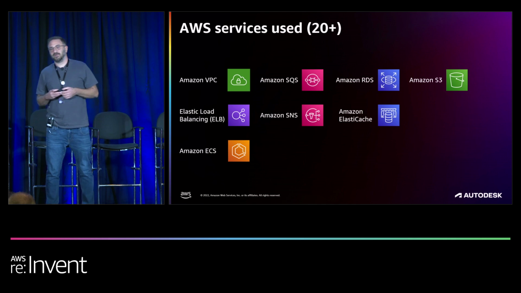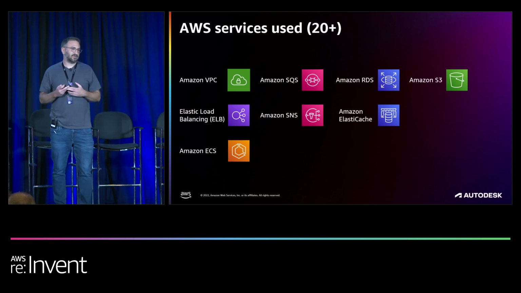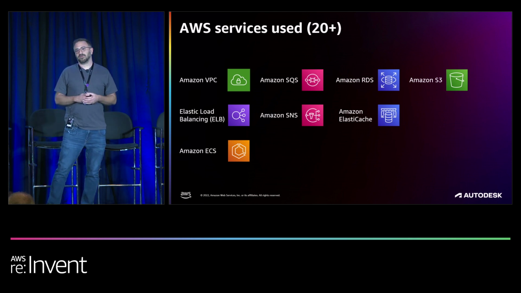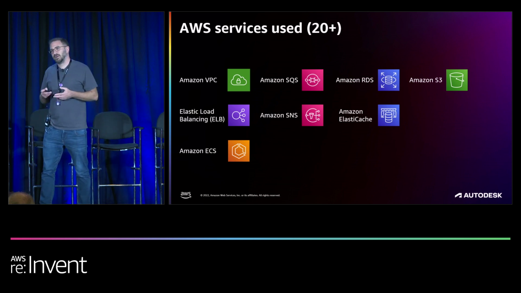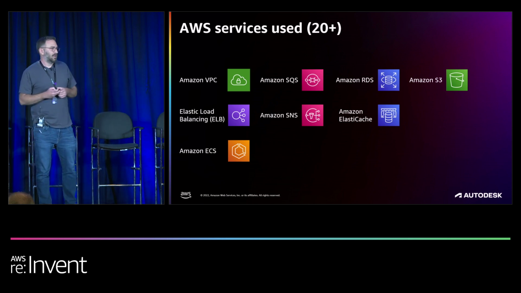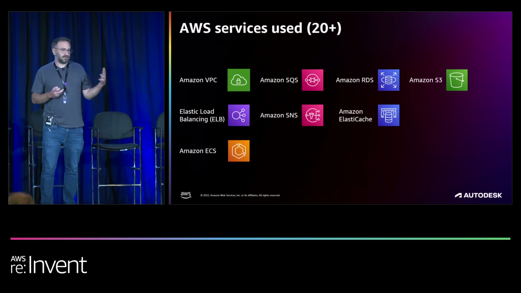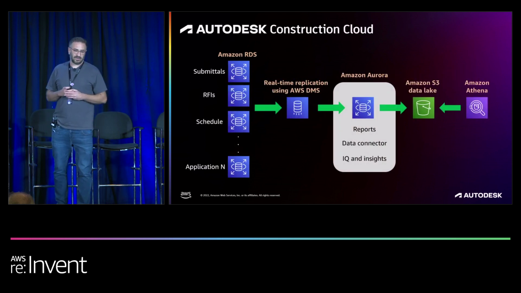It is a set of more than 20 applications based on AWS services. We use ECS for our compute, SQS and SNS for queuing and messaging, Elasticsearch for caching, S3, and of course, RDS. We do use other AWS services, but these are the most commonly used ones.